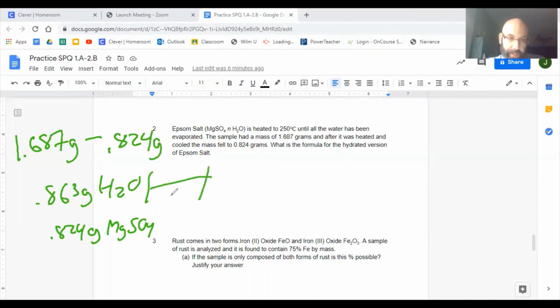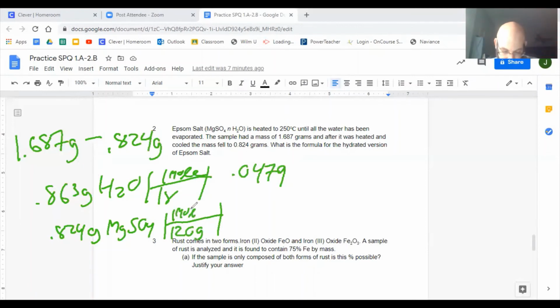So now we'll quickly go to moles of each. 0.863 divided by 18 is 0.0479. And then for magnesium sulfate, molar mass: magnesium's 24, four oxygens is 64, sulfur is 32, so 24 plus 32 plus 64 gets 120.